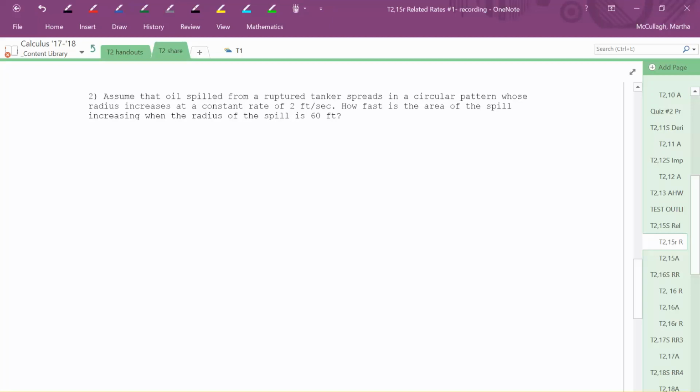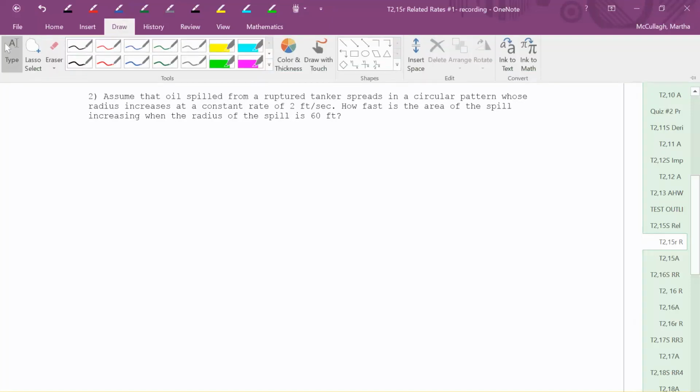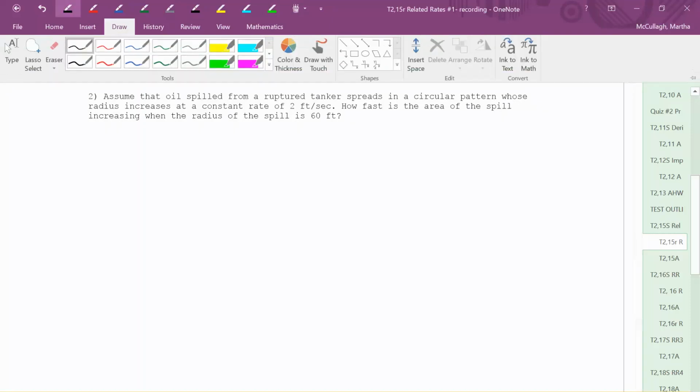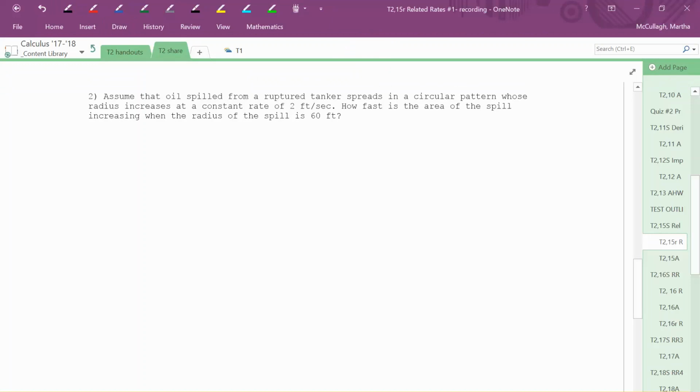Okay, so using the same format I used above, first thing I'm going to want to do is draw myself a picture. So if I want to draw a picture, what shape do I need? Well, in this case, oil is spilled from a ruptured tanker in a circular pattern. I'm going to draw a circle.